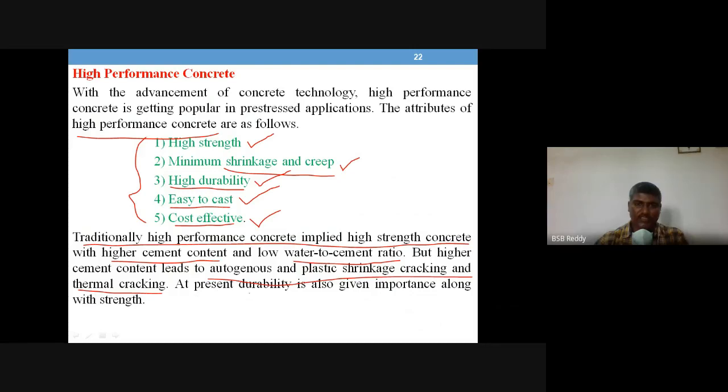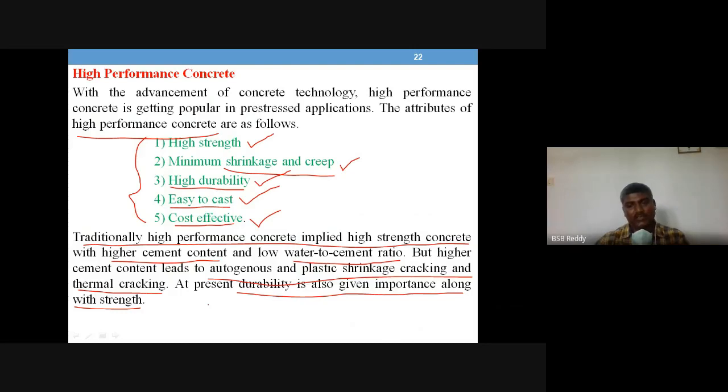So at present, durability is also given importance along with the strength. That's why high performance concrete is nowadays replacing high strength concrete.